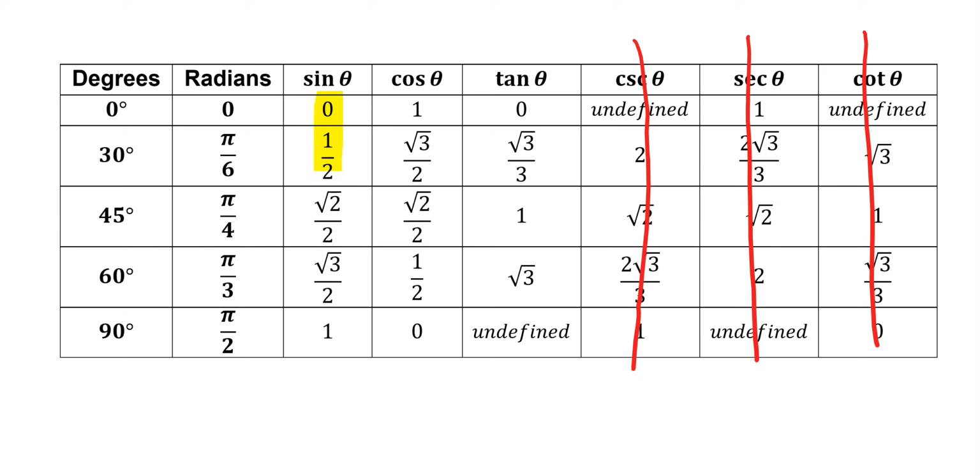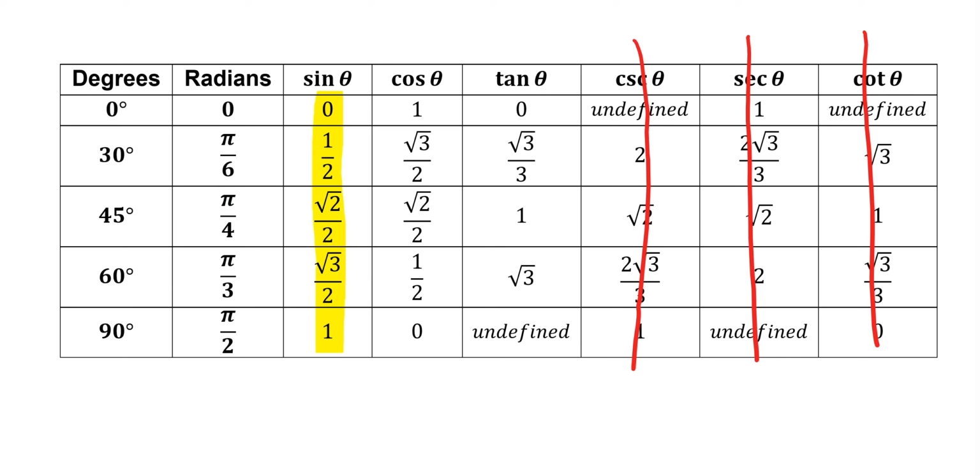Notice that all of our inputs are these values this time, right? Sine inverse of 0, 1/2, radical 2 over 2, and so on. And then our answers are the radian measurements over here on the left. So sine inverse of 4, there's no value of 4 in this table.